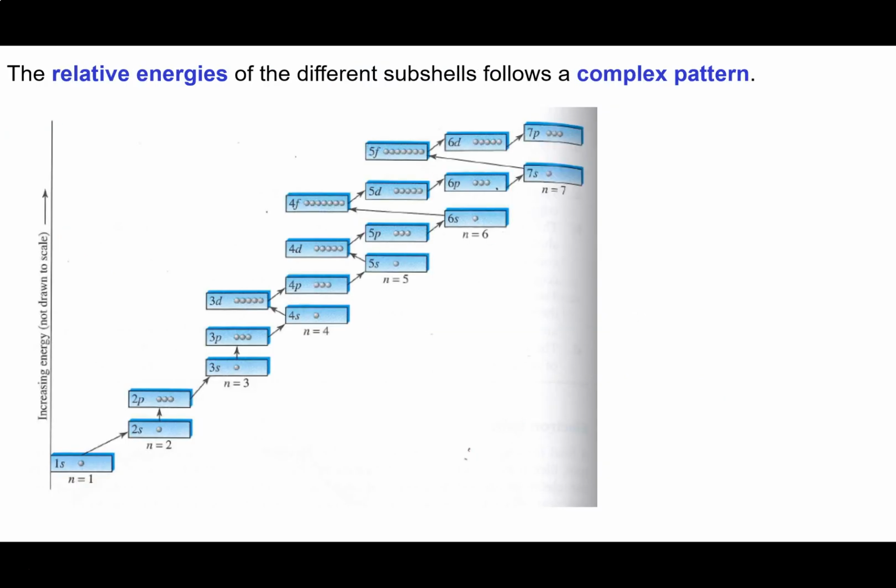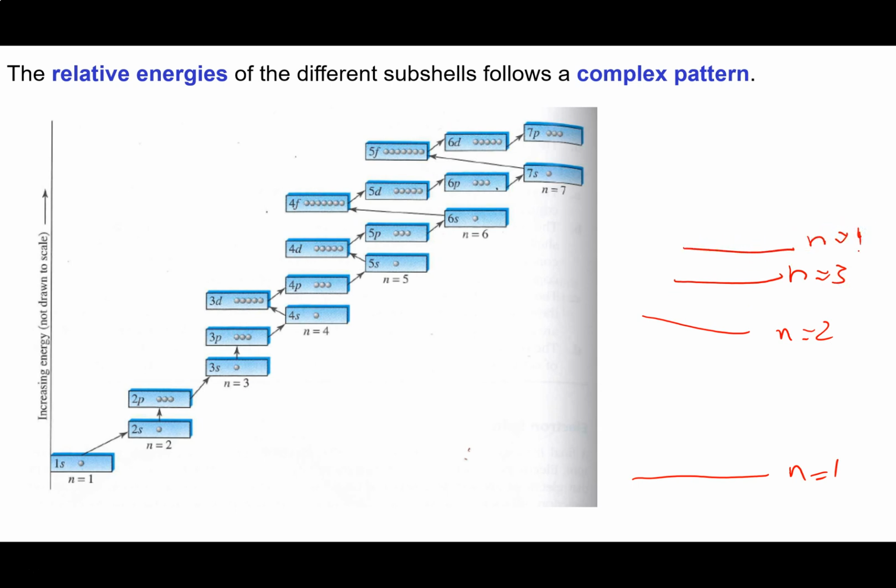The energy of the subshells follows a fairly complicated order. For the first couple of levels, it's fairly obvious the order that it follows, but there is a little bit of a difficulty. These are the shells: n equals 1, n equals 2, n equals 3, n equals 4.